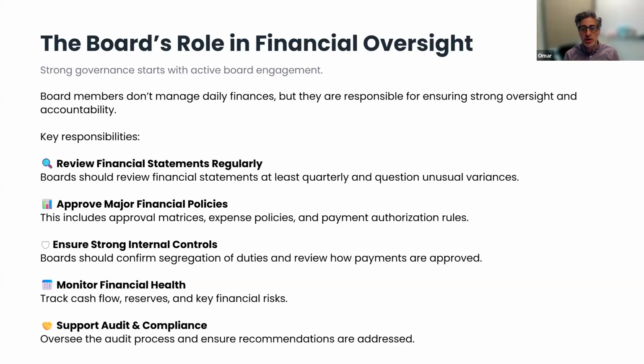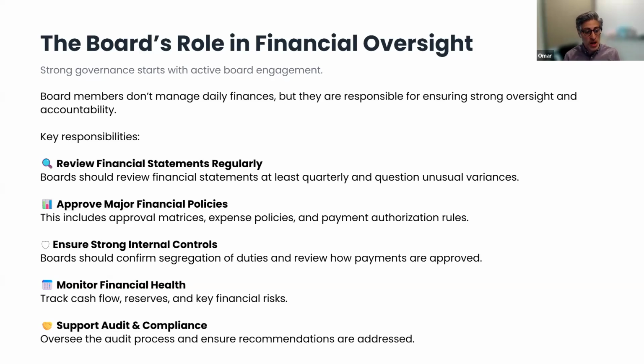That said, the board is responsible for ensuring strong oversight and accountability. So their key responsibilities would be reviewing financial statements regularly. The board should review financial statements at least quarterly and question variances, look deep into the financial statements, and ensure that management is accountable for those variances.